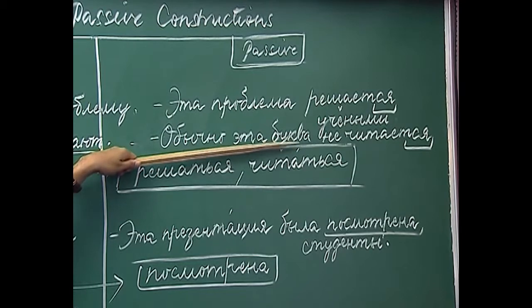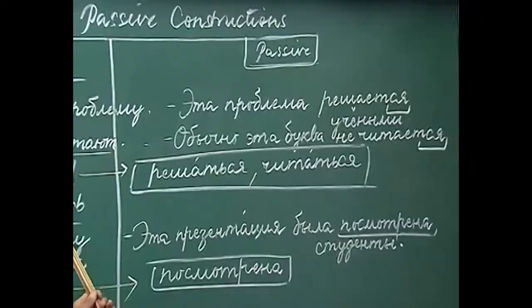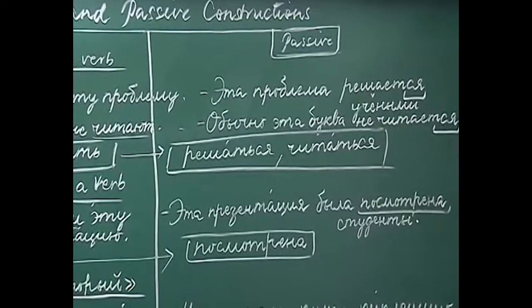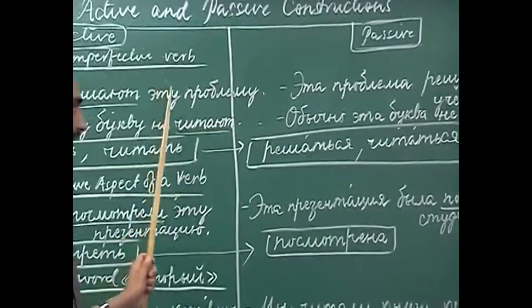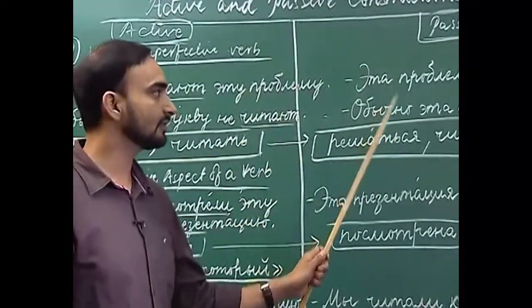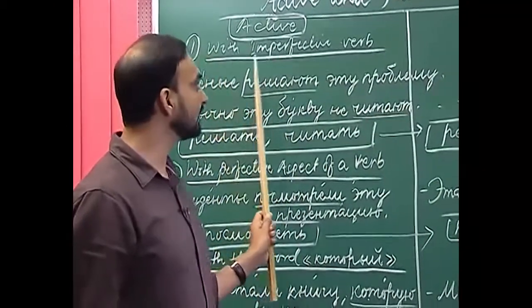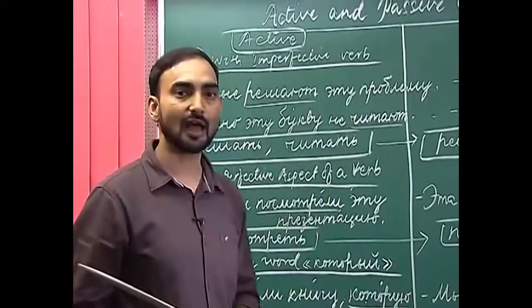Here the function of subject is being performed by the object of the active construction. So, abhichna eta bukva ni chitayatsa. This is how we change the active construction into passive when the active construction is with the imperfective aspect of the verb.